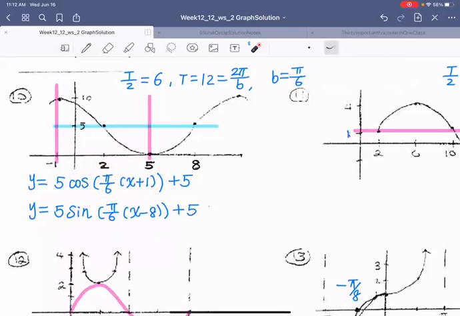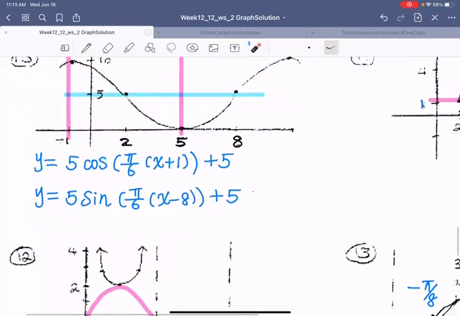I can make sure this one is one of my answers, and I can also make sure that one is my answer, because sine starts from the midline and then goes up. If you choose here, the problem is sine shouldn't go down like that, starting from here. So we want to prove that these two are equal.